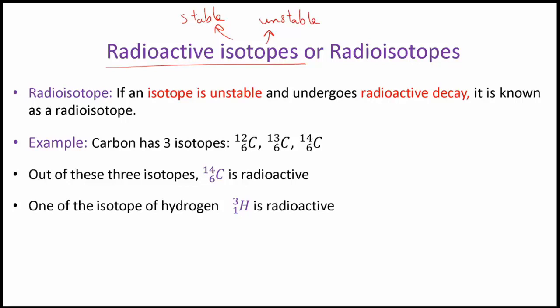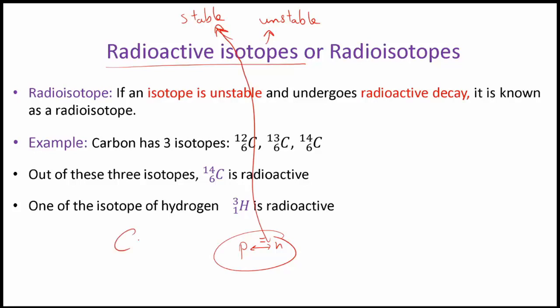Usually the instability of the isotopes happens when there is a big difference between the number of protons and the number of neutrons inside the nucleus. If the number of protons equals the number of neutrons, the element is stable.